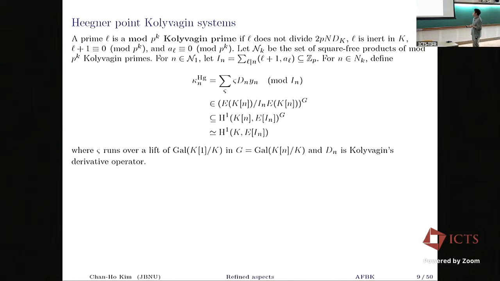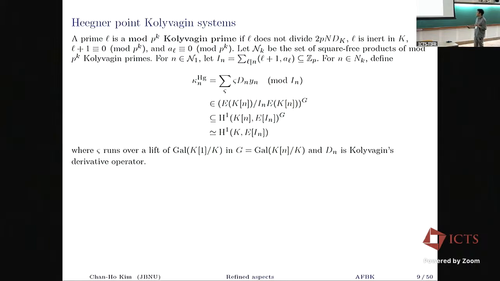So for each n, we define the kappa_n Heegner as follows. Take the Kolyvagin derivative of the y_n, and make a summation over the conjugates over the Hilbert class field, and take the mod I_n reduction.